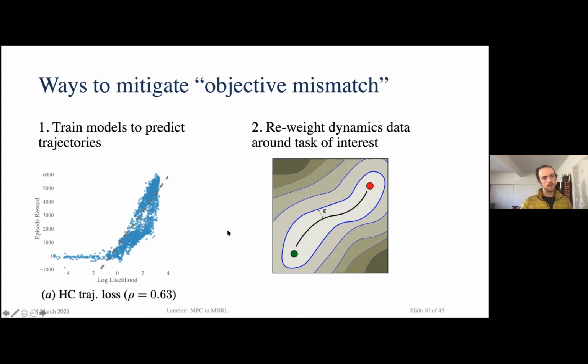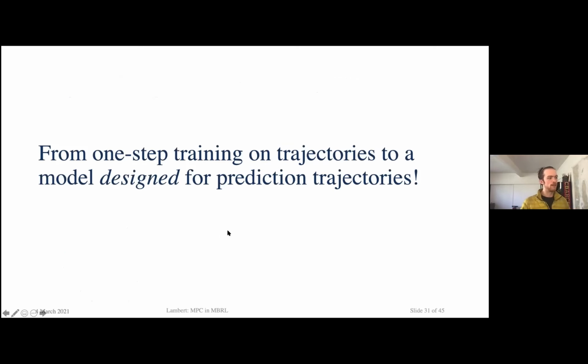So the next step, and it's going to be the third part of this talk, is: from these one-step dynamics models where we're predicting a change of state, what if we can design a model that predicts trajectories? And that might be more useful for this model predictive control framework that we've been using a lot.